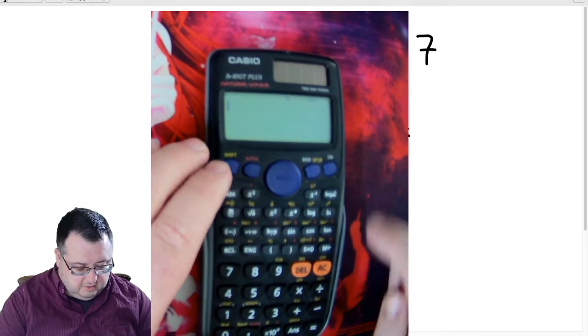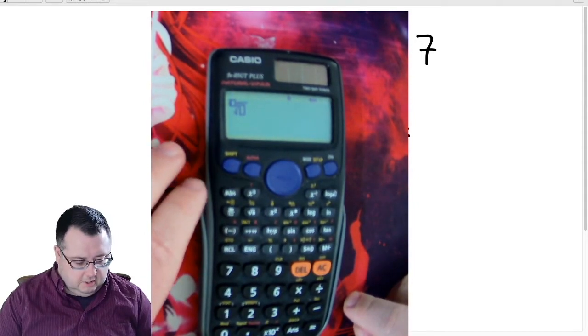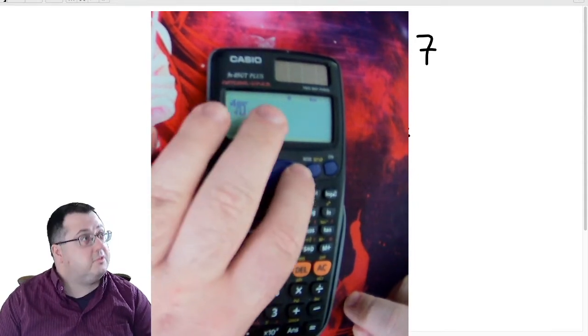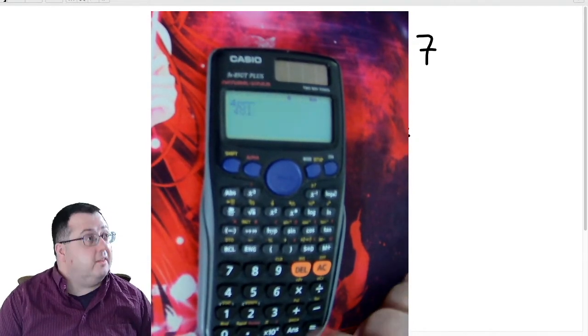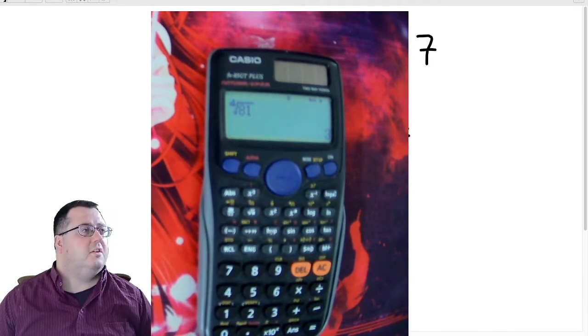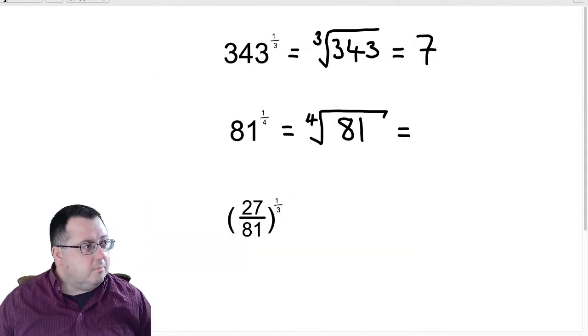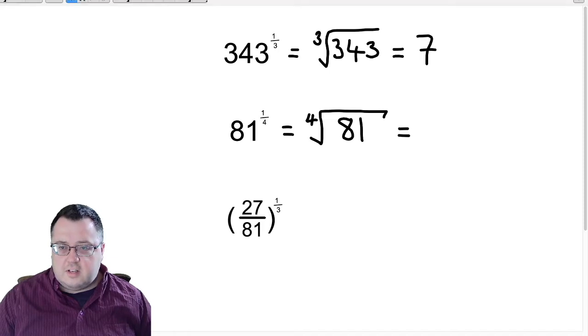So I need to clear the screen. Shift X block gives me block root block. I'm going to need the fourth root of 81. And then I push equals there, and that will give me 3 as the answer. So I just disappear that. You know that the answer here is 3.